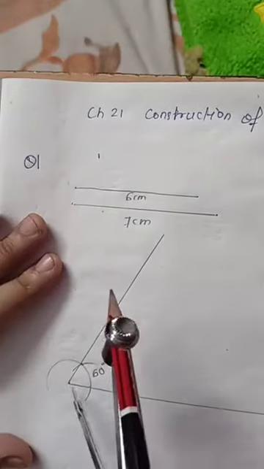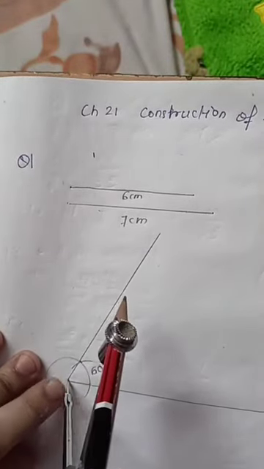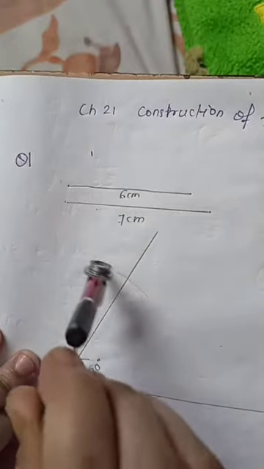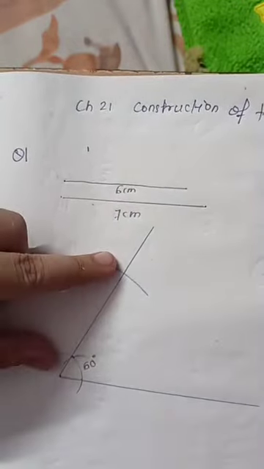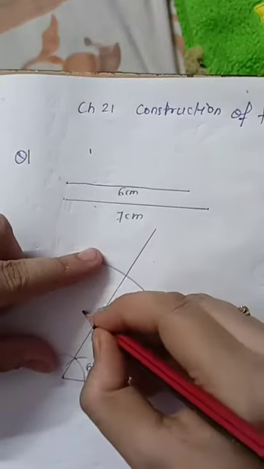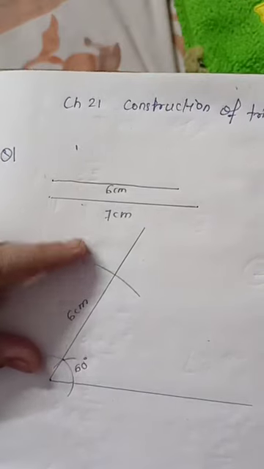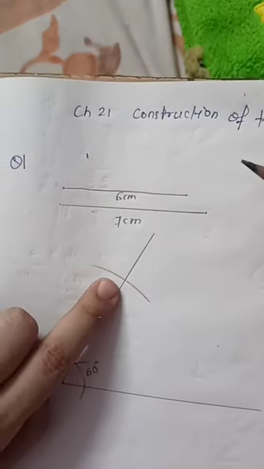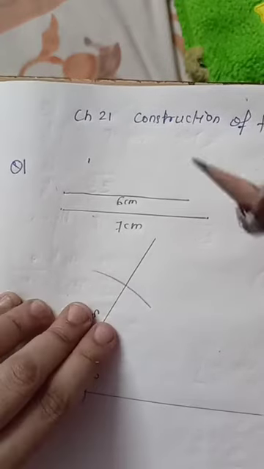Now I am putting the center of the compass at the end of the line segment here and intersecting the extended line. So this length is coming as 6 centimeter. Here I am writing 6 centimeter. Here I have got one point of intersection, that means one vertex.